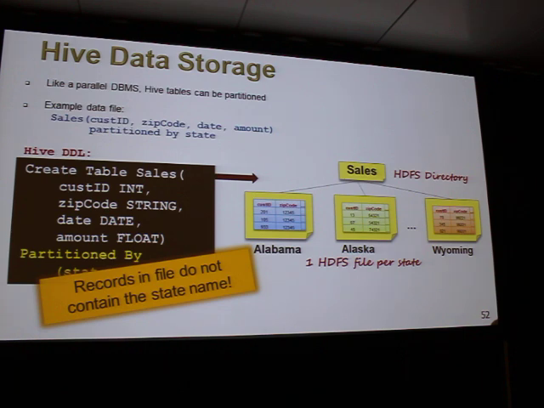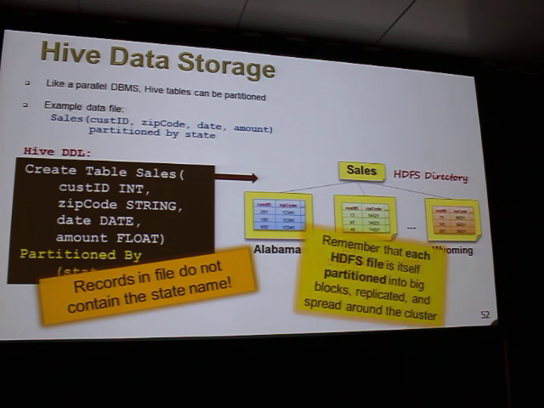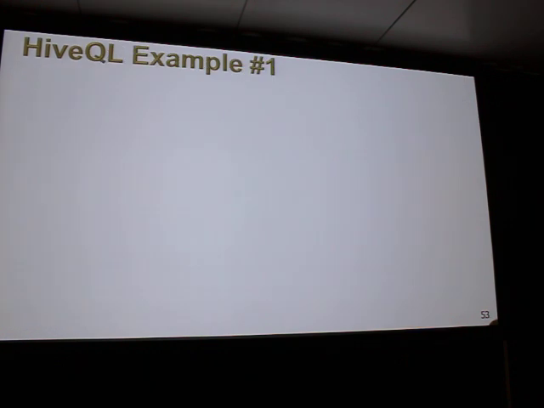So you won't see any evidence inside the records that this is the Alabama file, this is the Alaska file, this is the Wyoming file, because they compress that out. Underneath, it's still HDFS, which shows you one big file per state, chopped in 64 megabyte chunks.